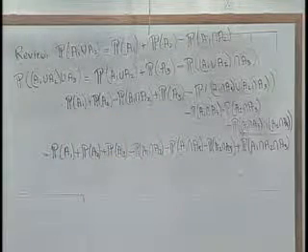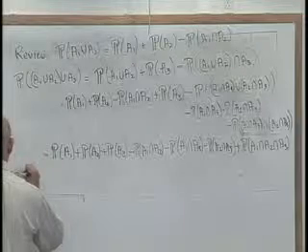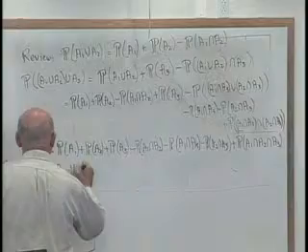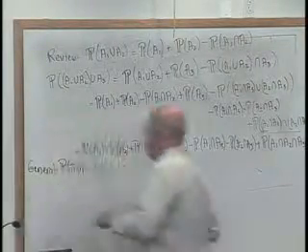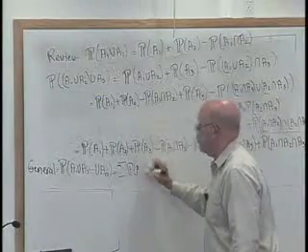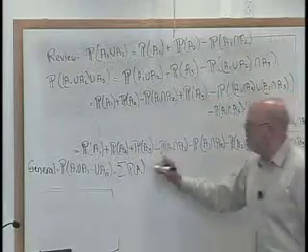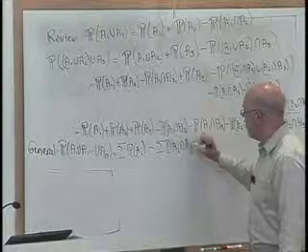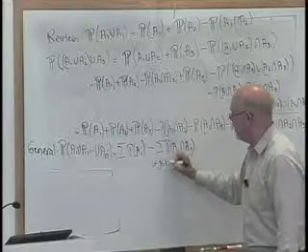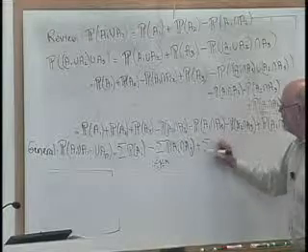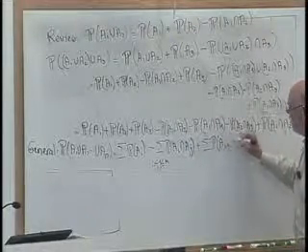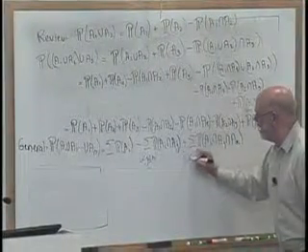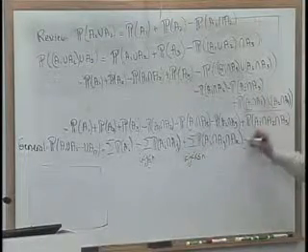And the general case of this, which I can write down, is if you have a union of lots of events, the probability of A1 union A2 up through An is equal to the sum of the probabilities of the individual events, minus the sum of all the probabilities of intersections of pairs of these events, where i is less than j, which is less than or equal to n, plus the sum of the probabilities of triples of these events intersected, the probability of Ai intersect Aj intersect Ak, where i is less than j, is less than k, less than or equal to n, minus dot, dot, dot.